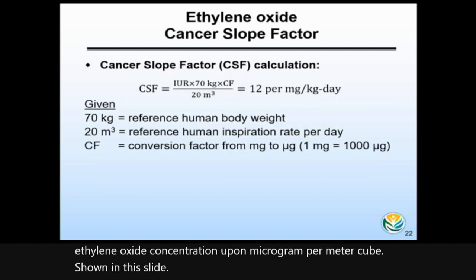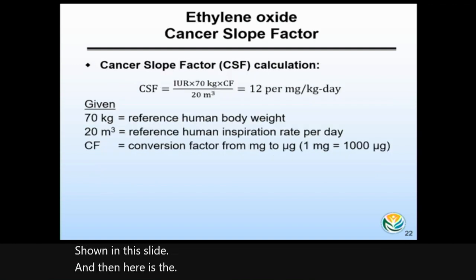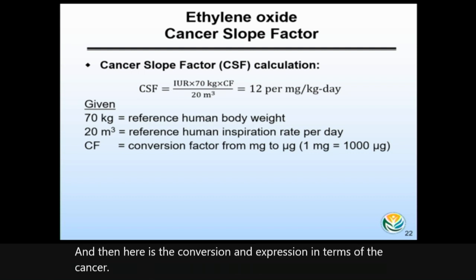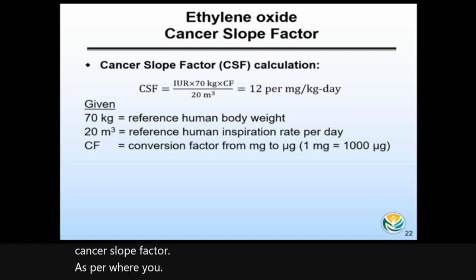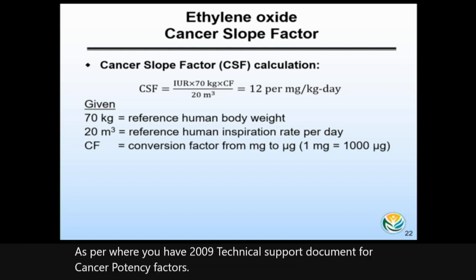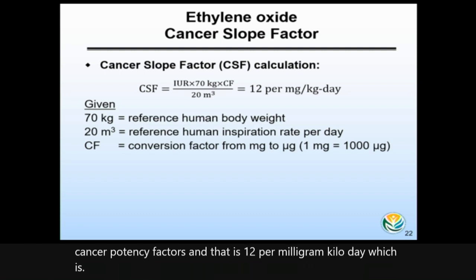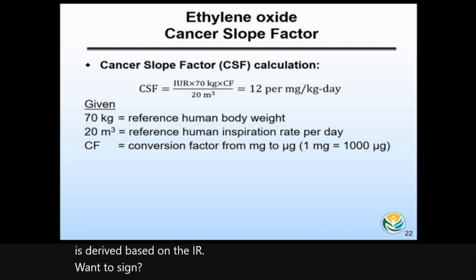And then here is the conversion and expression in terms of the cancer slope factor as per the OEHHA 2009 technical support document for cancer potency factors, and that is 12 per milligram per kilogram-day, which is derived based on the IUR that you saw in the previous slide.